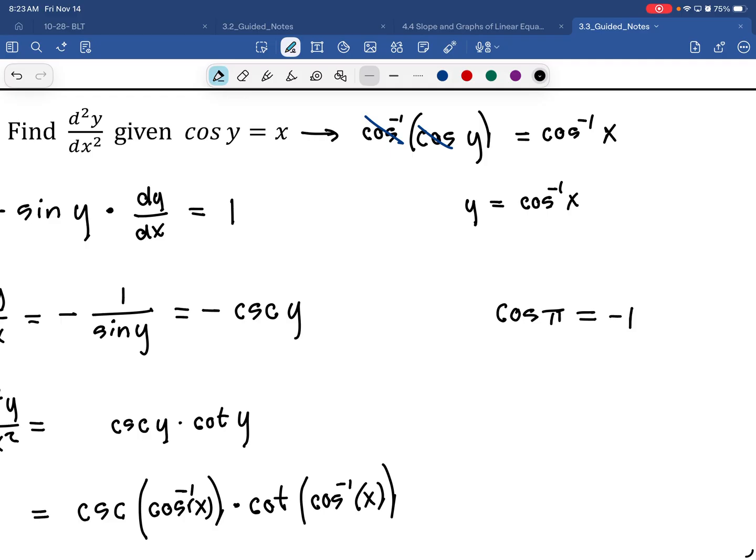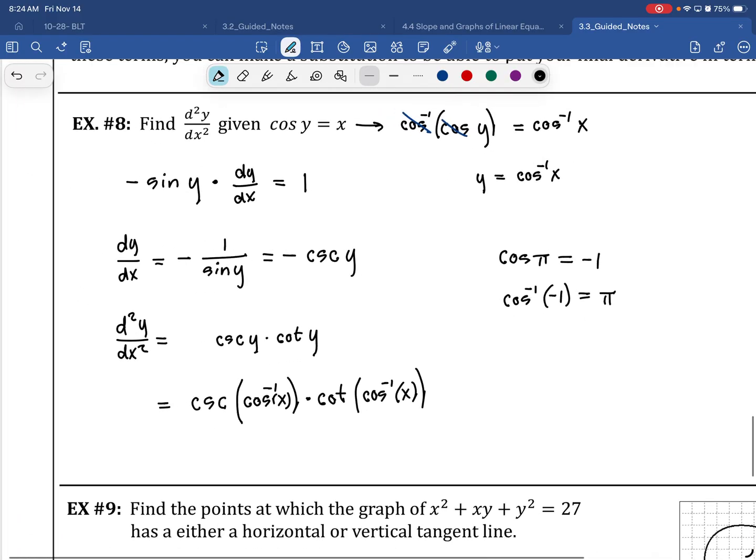The way the cosine inverse works is I tell you the point, I would say, well, the cosine inverse of -1 is what angle measure has a cosine value of -1? The answer to this would be pi. All the inverse does is switch the argument and the answer. It switches the x and the y, if you will. More on that after our next test, because we're going to do derivatives of inverses. It's a tricky one.